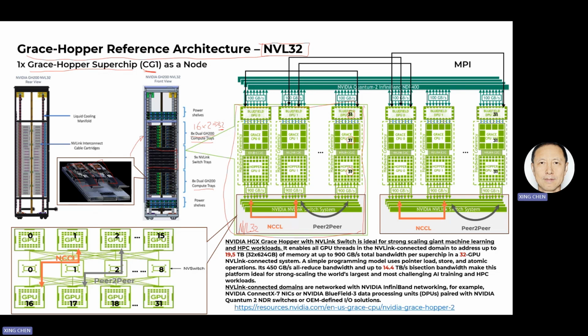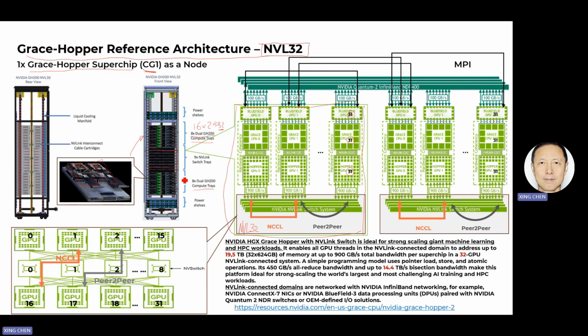So everything related with this NVL32 domain could be put into one rack, plus the power shelves up here and down here. This is the beauty of this NVL32 domain, because it's modularized. It fits into a rack. That's easier from the production point of view.